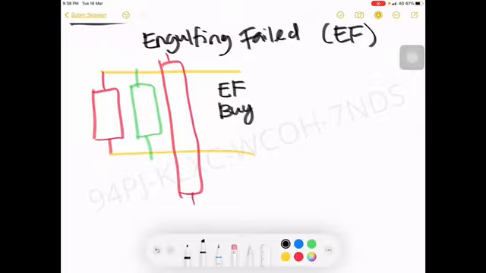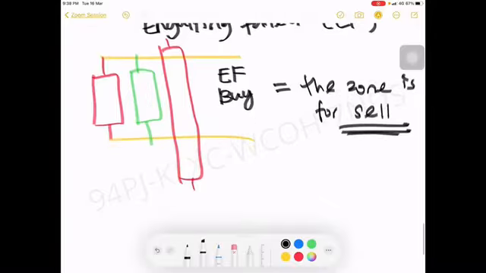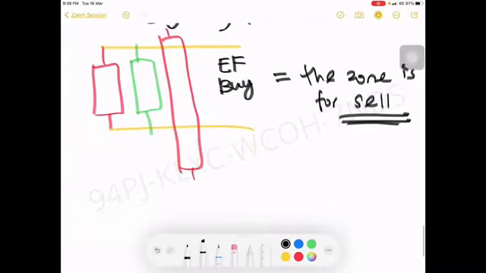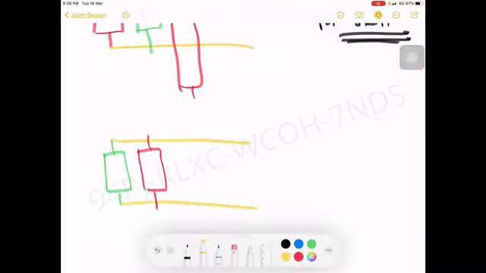Okay, buy means that the zone is for sell. So then you have another one, which is going to look like this. So this zone is actually for, okay, this is engulfing sell, right?